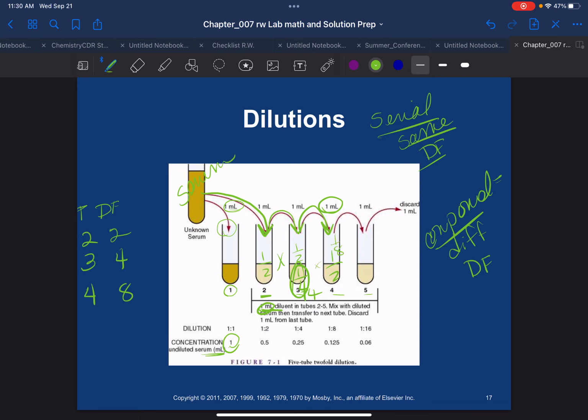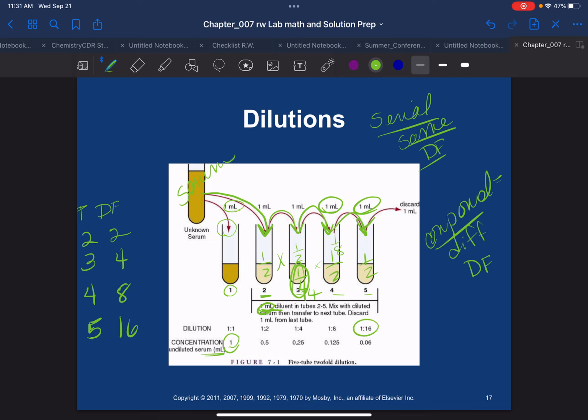For tube 5, we are going to take 1 milliliter of our 1 to 8 and make a 1 to 2. So for tube 5, the dilution factor is 16. Yes, 1 to 8 times 2, 1 to 16.